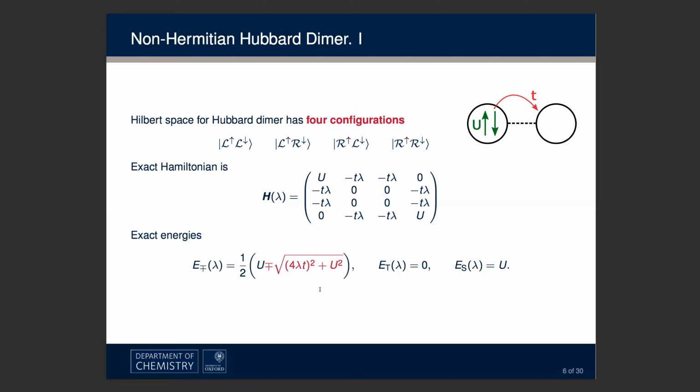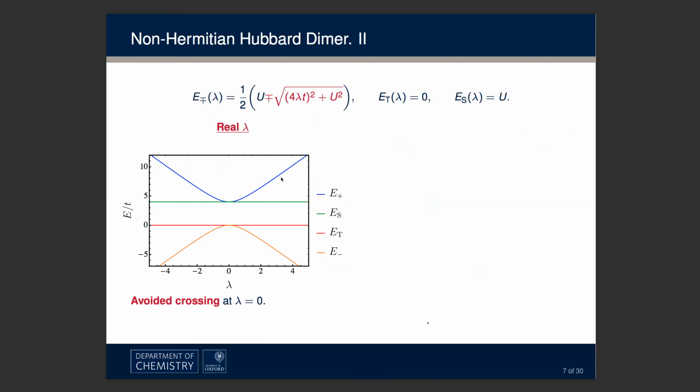So what do these energies look like as a function of lambda? Well, if we look on the real axis, we see this classic avoided crossing shape. And the avoided crossing happens at lambda equals 0, which is where we have no interaction between our states.